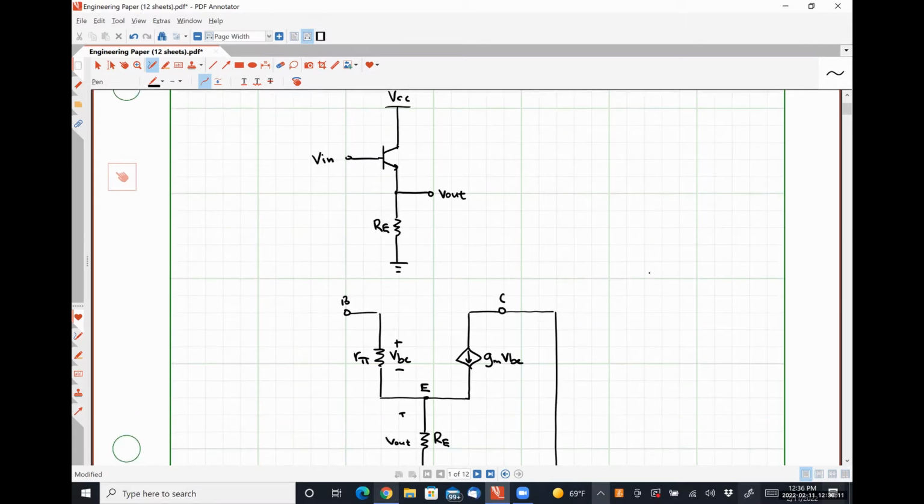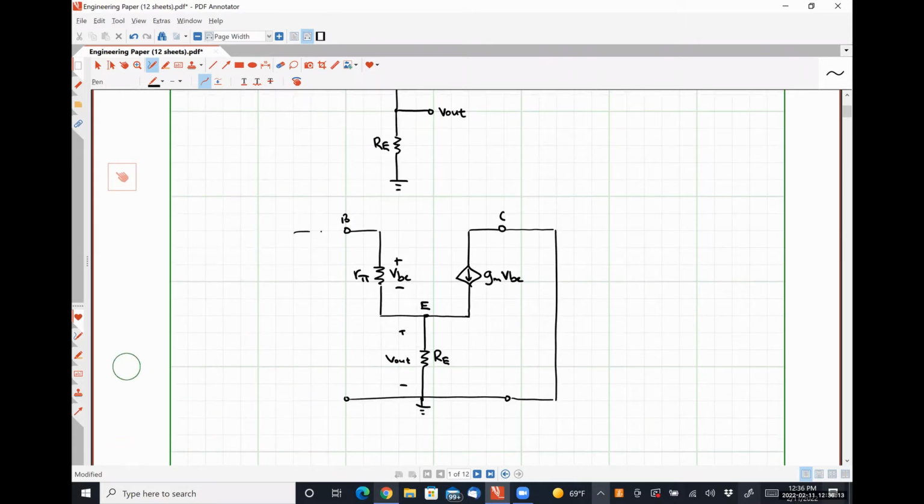And between our base and ground, we simply have the quantity V in. So here is our small signal model. Anybody have any questions, comments, concerns about how we've drawn this?